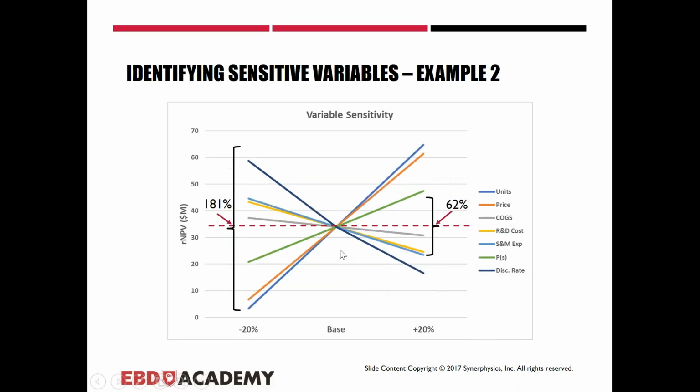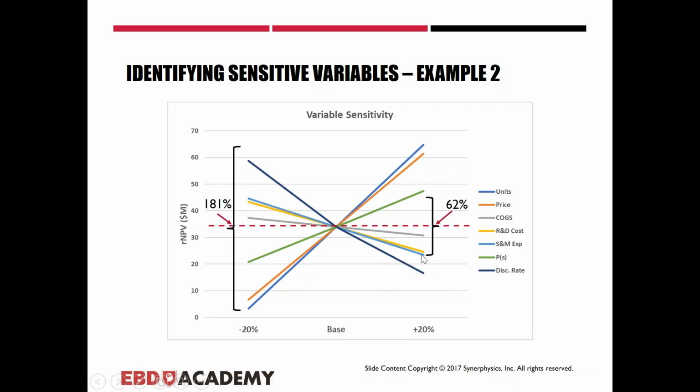Here's another valuation. The base case here is about $34 million, again, risk-adjusted net present value. And as usual, revenue and discount rate are very sensitive. Revenue swings at 181% when I do this -20 or +20 type of a scenario.